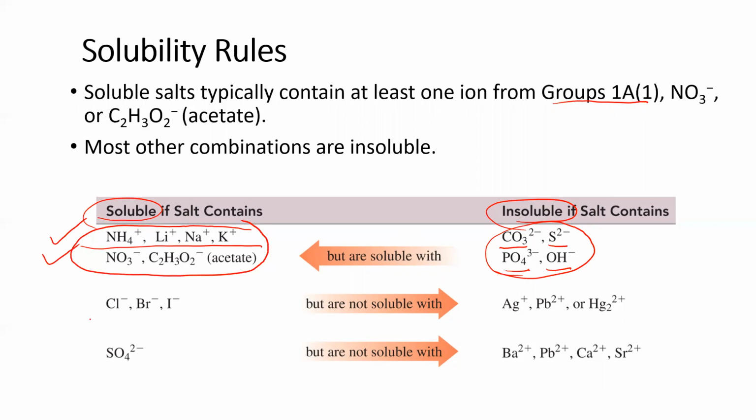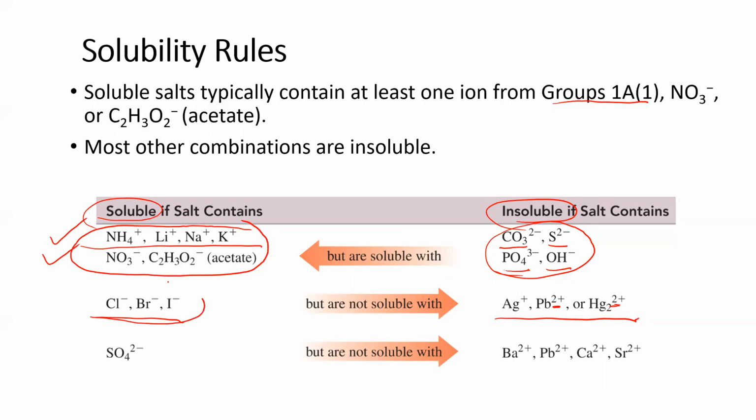When I look at the halides, like chloride, bromide, and iodide, they're soluble, but they're not soluble when they're combined with these divalent cations. What I mean by divalent, silver is actually not, it's monovalent, it has a charge of +1, but divalent is a +2. So we have silver, lead 2, and mercury 2.